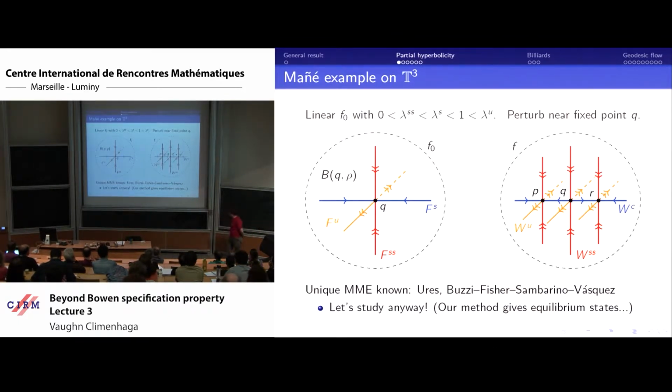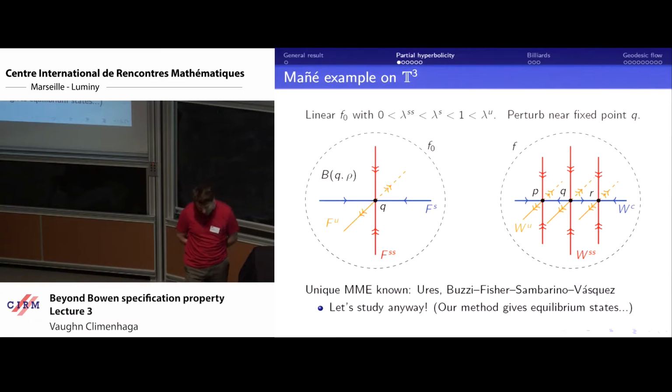Another proof was by Buzzi, Fisher, Sambarino, and Vásquez. But we are going to study it anyway because we can give an alternate proof. It illustrates our methods, and also because if you read our paper, you see that the methods actually tell you about not just the measure of maximal entropy, but also equilibrium states for non-zero potentials, which is a little trickier, and which was not in these previous papers.